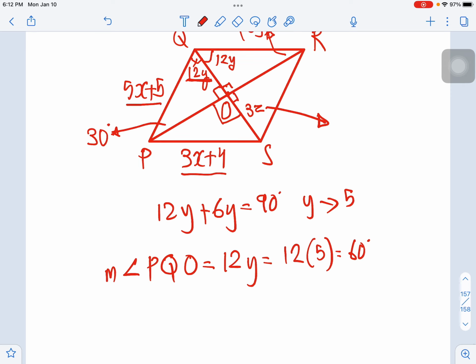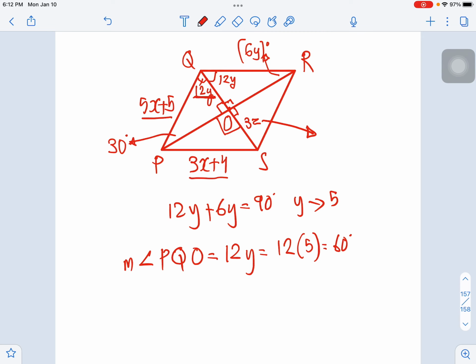Now you have segment OS, which is 3z. Therefore, segment QO also becomes 3z, because diagonals of a rhombus, being a parallelogram, bisect each other.